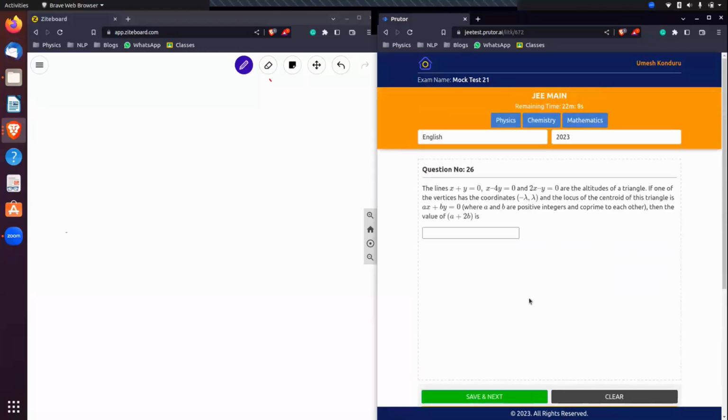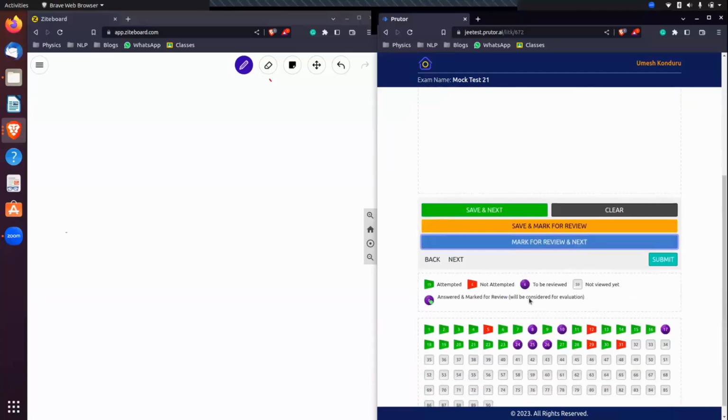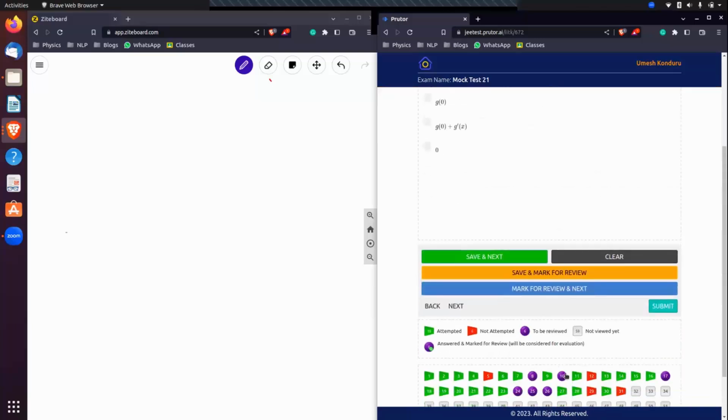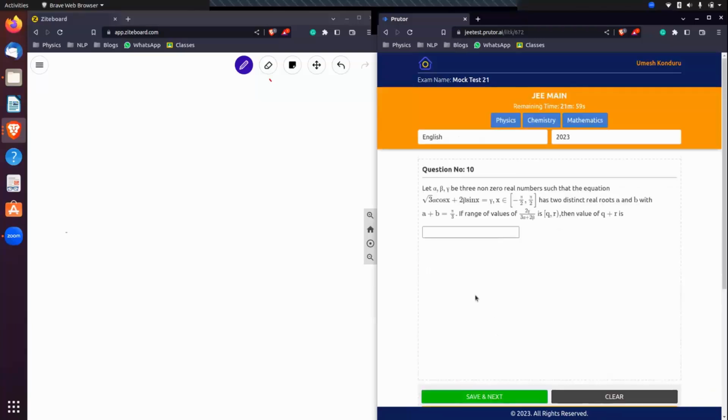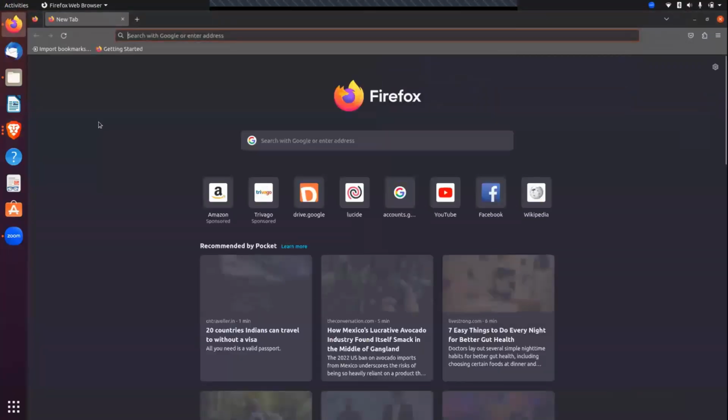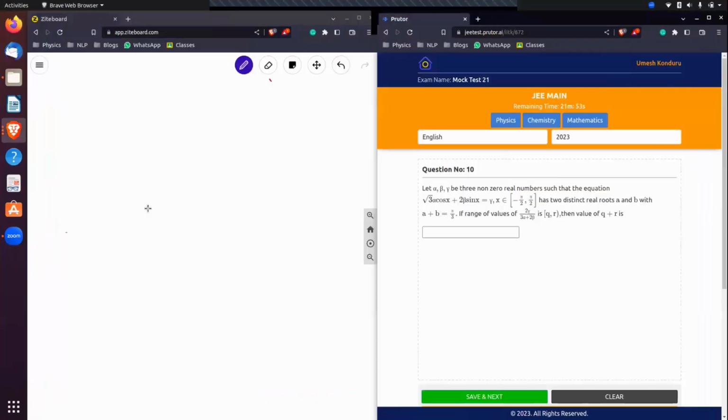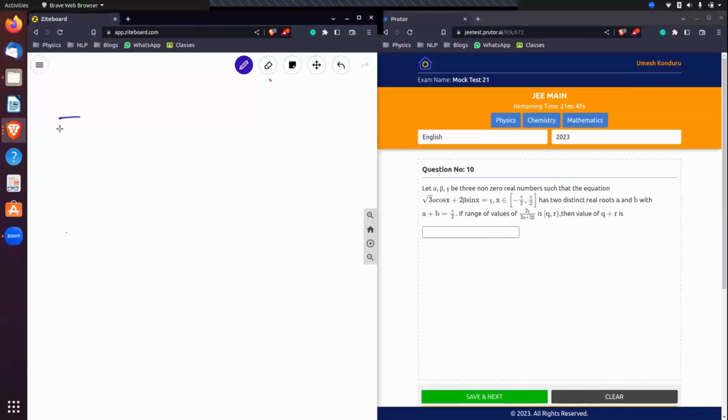And let me see if I can... So let's try doing this one. I still don't have anything clear on my mind, but I guess you can go ahead and see what comes out of this.